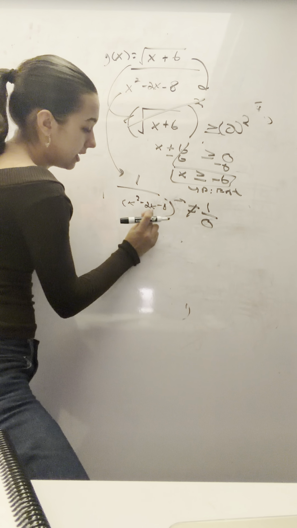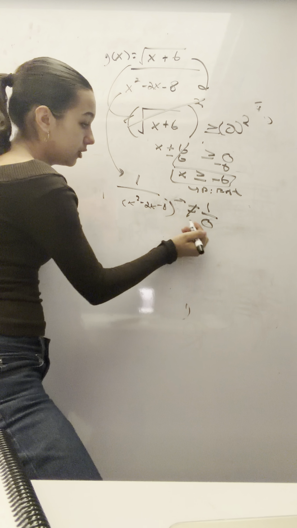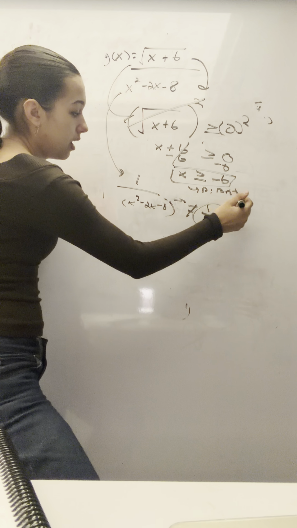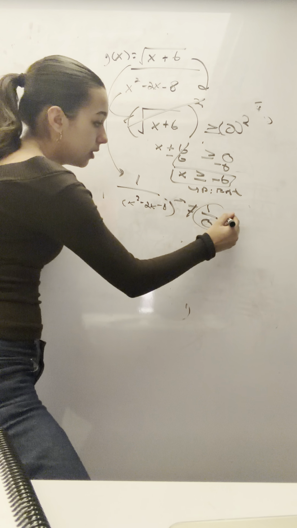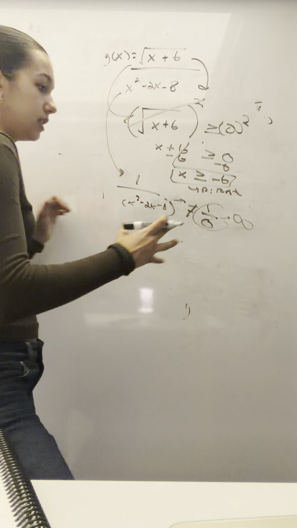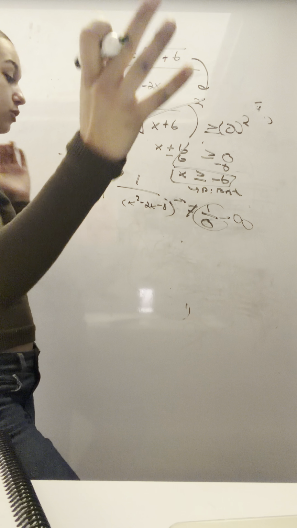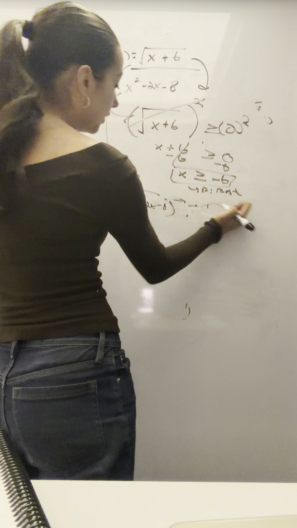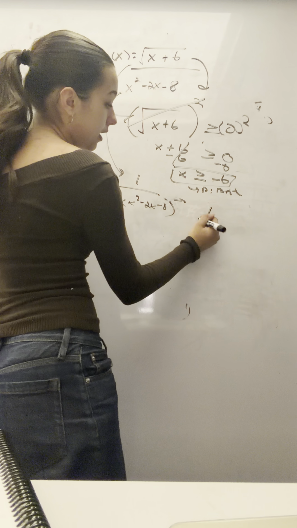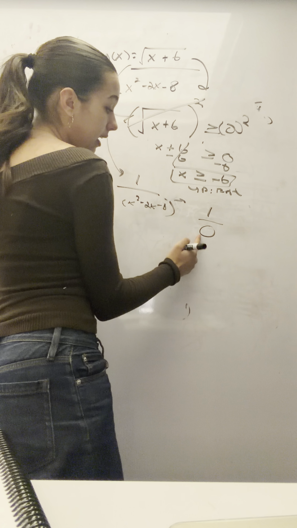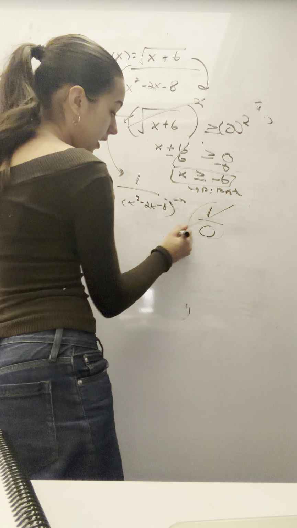X squared minus 2x minus 8 under no circumstances can give you a 0, because what is 1 divided by 0? Well, it blows up to infinity, because 1 divided by very little amount of parts is going to give you a super big number, and that's just not possible for us. So the general rule of thumb to remember is you can never have a 0 in that denominator. It's not okay.